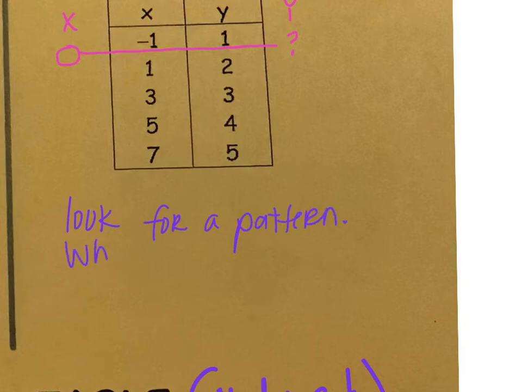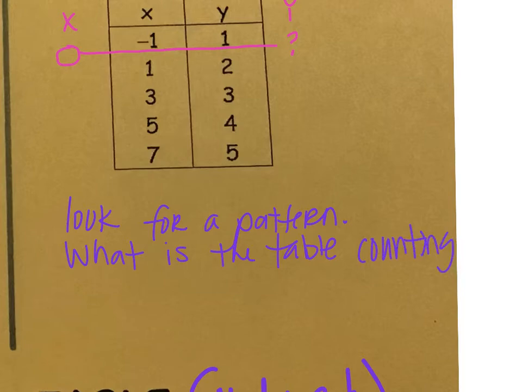What is the table counting by? Or basically, I'm saying, what is the constant rate of change?